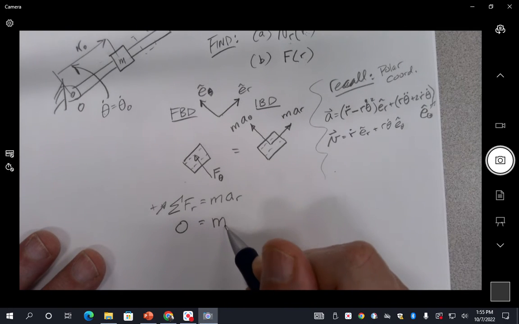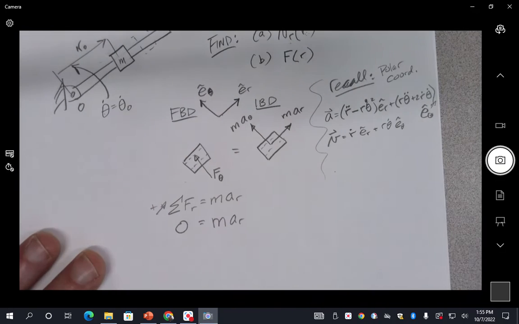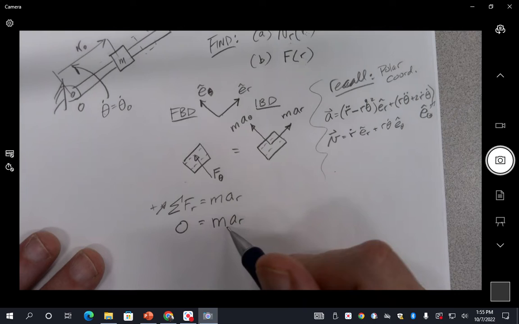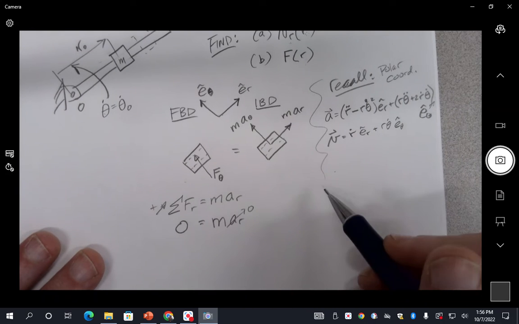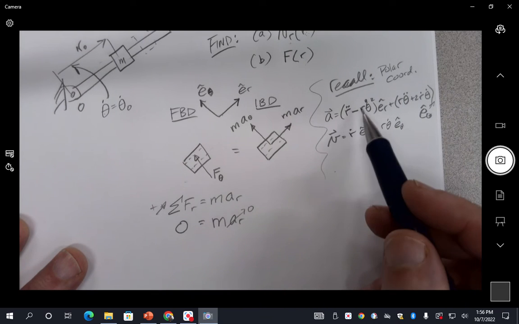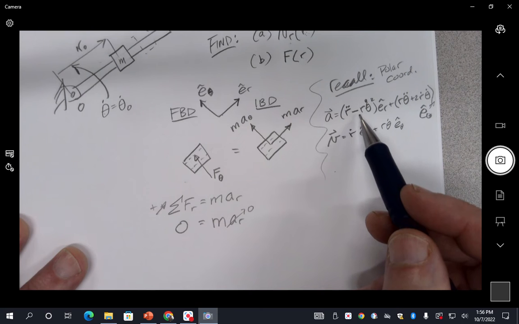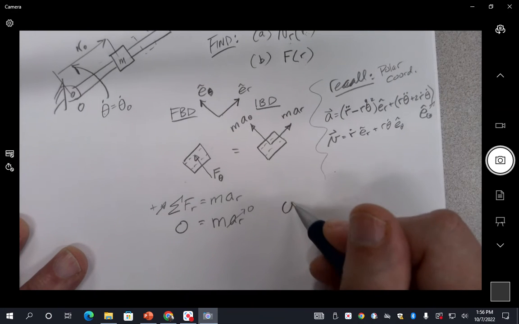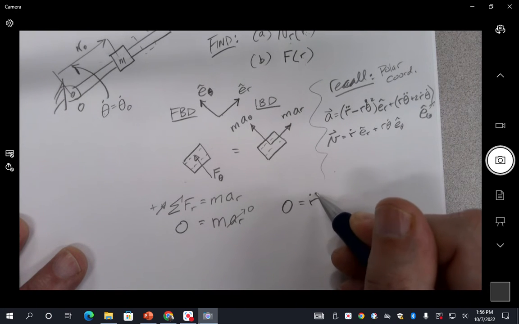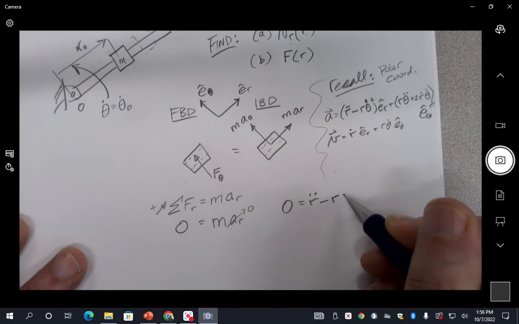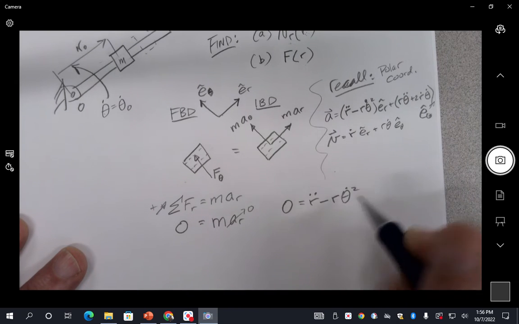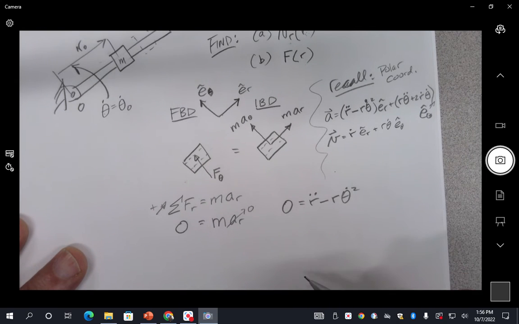So how is it possible to have that? Acceleration 0. Yes. Okay, but what does that mean up here? That all the acceleration is going to be in the other direction. It means we're going to be able to find out what r double dot is.